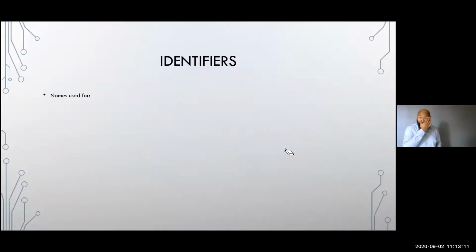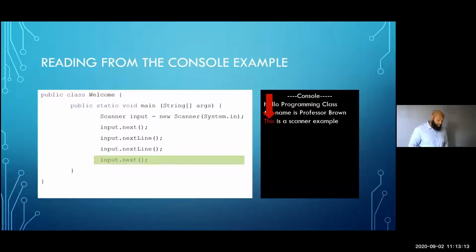All right, so identifiers, it's the names we use. So if you look here, the identifier for the Scanner is input. It's whatever we name our objects. We name our objects, our variables, whatever it is, our classes. So public class Welcome, Welcome is an identifier, whatever we name it.